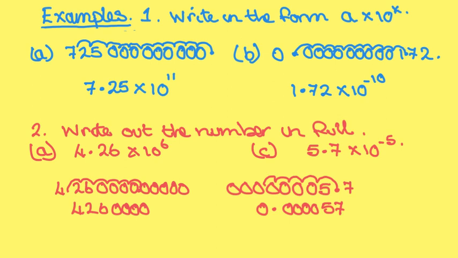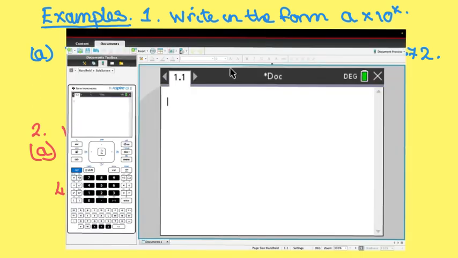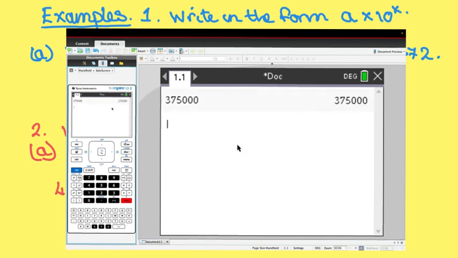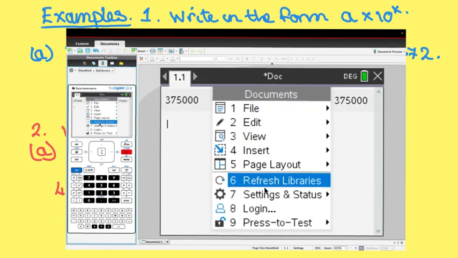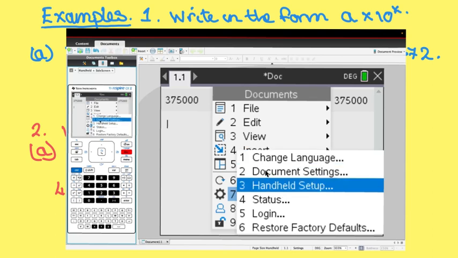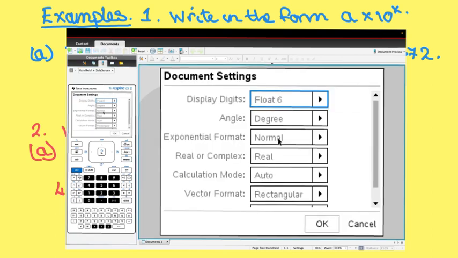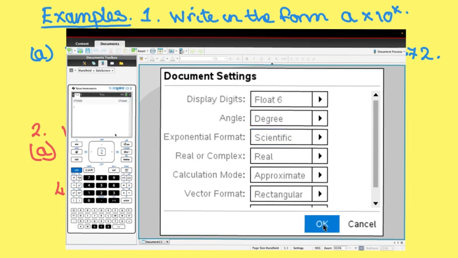These can also be done using a GDC. I've opened my GDC at a calculator page. If I type in 375,000, press enter, nothing changes. But I can get standard form by pressing Documents, 7, 2, and changing exponential format to scientific, calculation mode to approximate. OK.